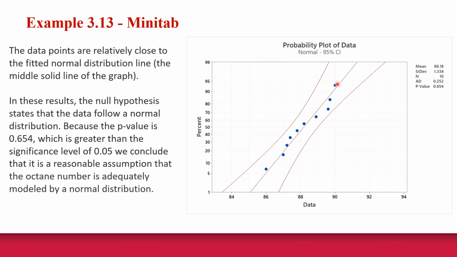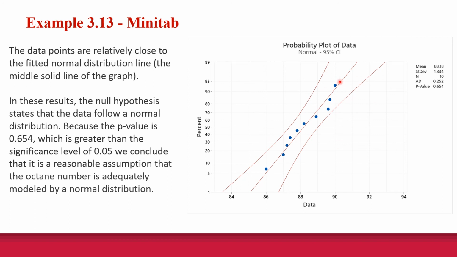So here it shows the data in blue. The center red line shows what they would be if they were normal. If this data were normal, it would fall exactly on this center red line. The lower red line and the upper red line are what's known as the 95% probability index, sort of a confidence interval.